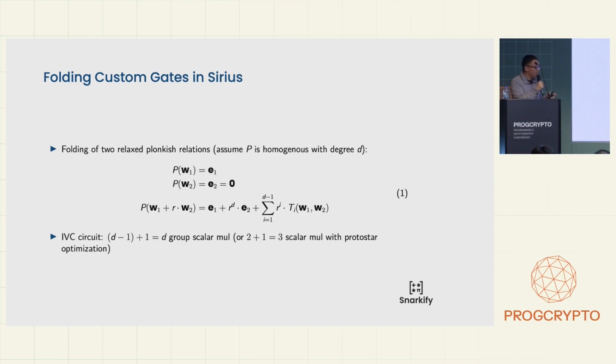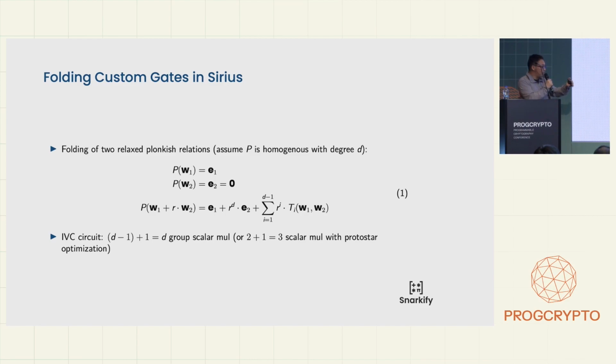And luckily, when we do the folding, you are actually folding a running accumulator with the previous strict Plonk gate relation. So that means one of them is always 0. So here, E2 is always 0 when we do the folding. So 0 times r to the d is just 0. So you don't have to do anything for that term.